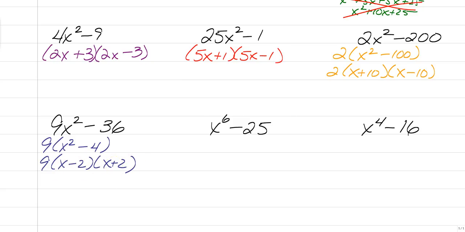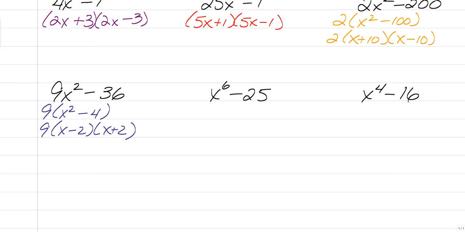So what you might be wondering is, could you have just continued from the last one? Yes, you could. If you said that you had 3x minus 6 and 3x plus 6, you still have to look for GCFs, even if it's not the first step you do.